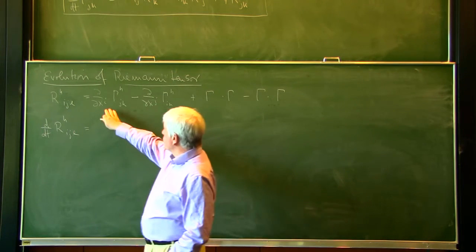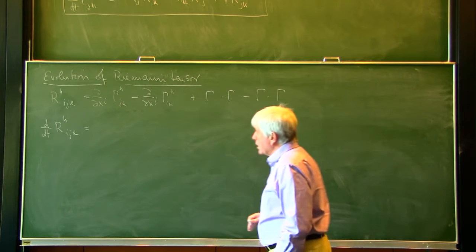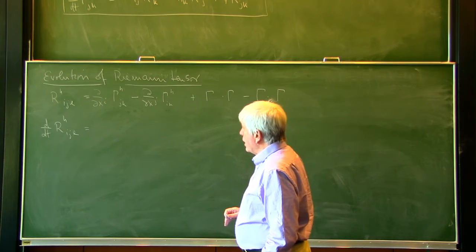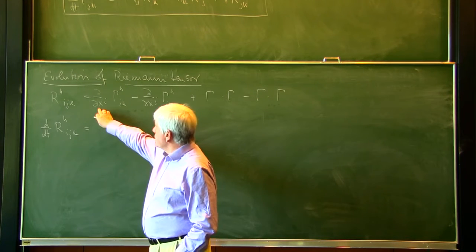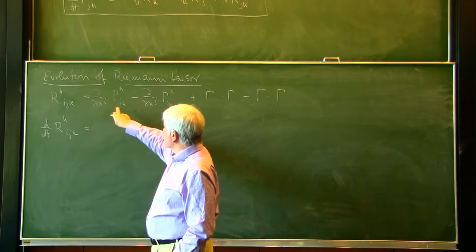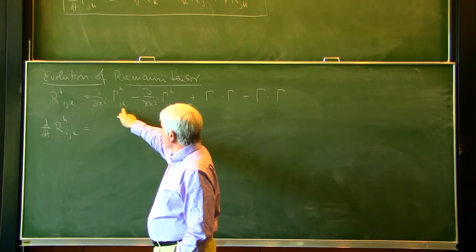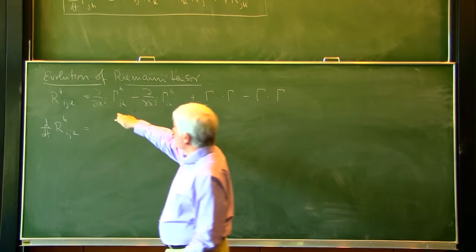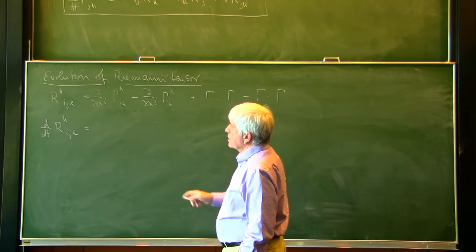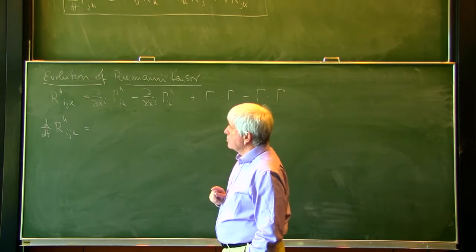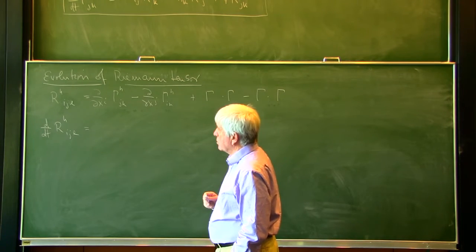And now computing here, again we can pull the d/dt past the d/dx_i, and then, because we are in normal coordinates, replace the coordinate derivative with a covariant derivative.